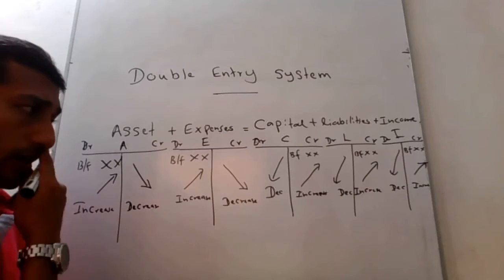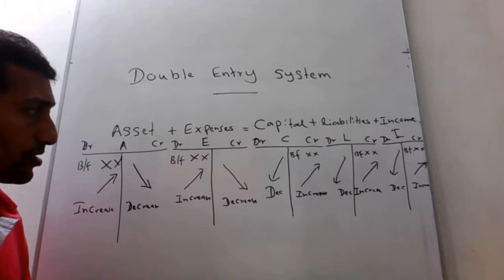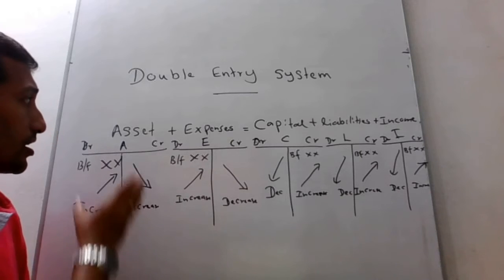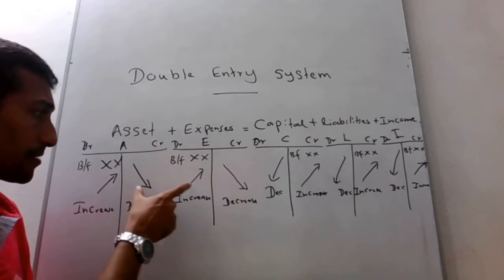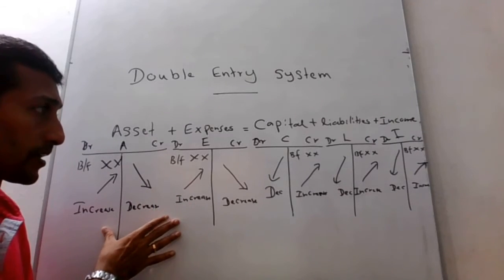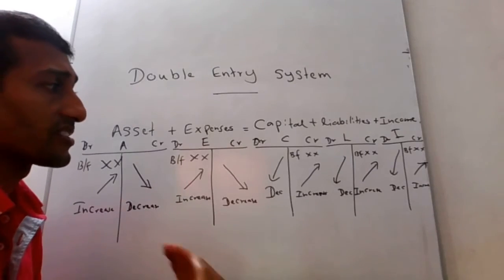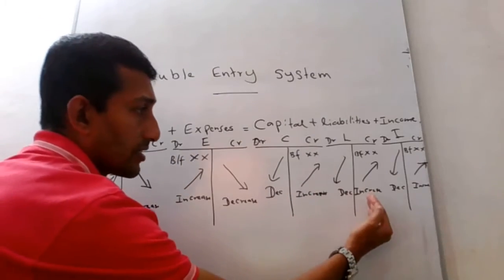So you have to be very clear about these rules. Rules are very important for you to prepare the accounts. So like I said, to refresh: assets and expenses have debit balances, so if I want to increase those balances, I need to debit. Capital, liability and income have credit balances, so if I want to increase, I need to credit.